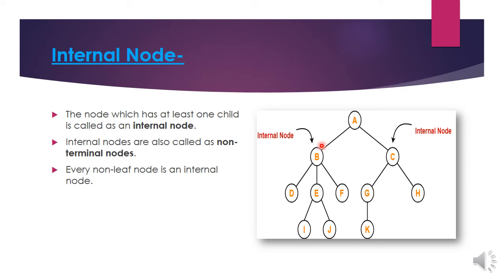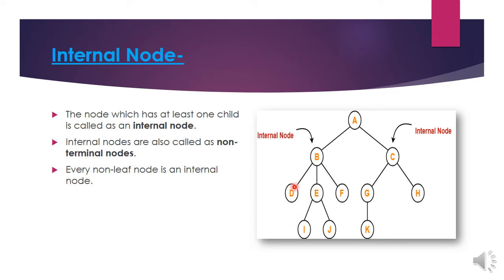And B is also an internal node. B has D, F, E as children, therefore this is an internal node, and E is also an internal node because E has I and J as child nodes.